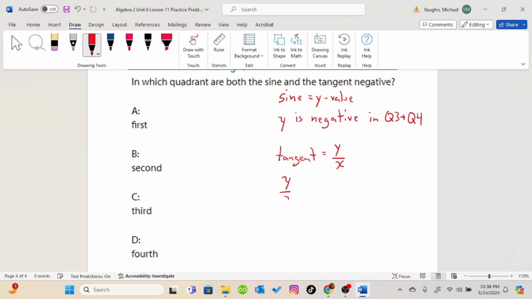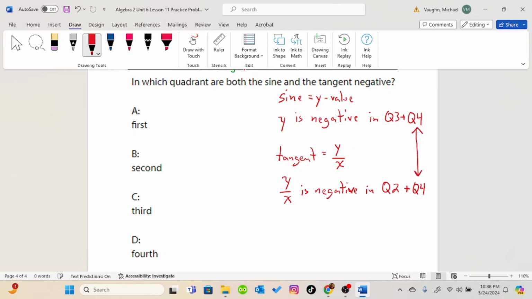So y over x is negative in Q2, where y is positive but x is negative, and Q4, where x is positive but y is negative. So the one that they have in common is Q4.